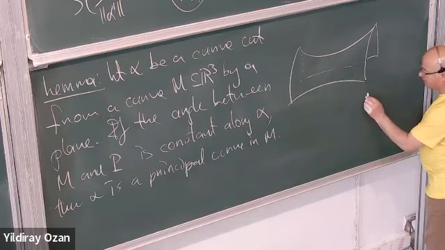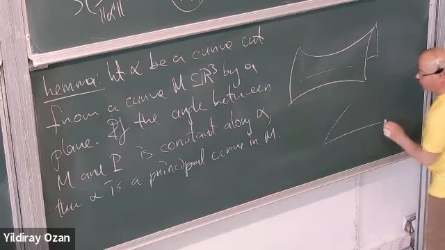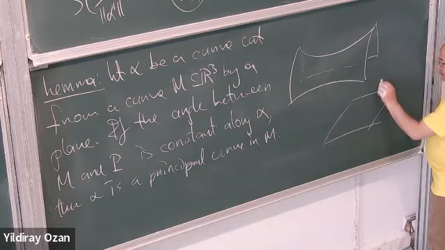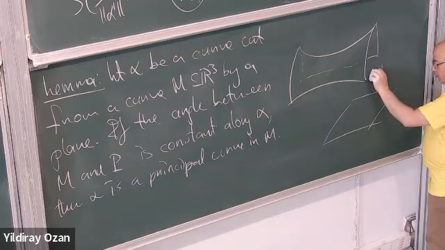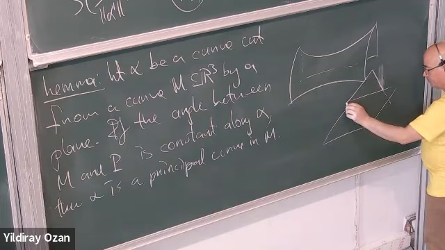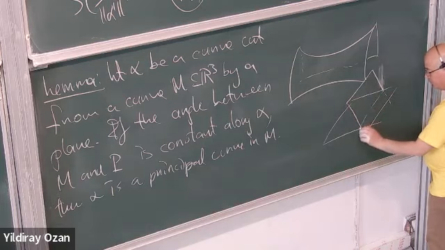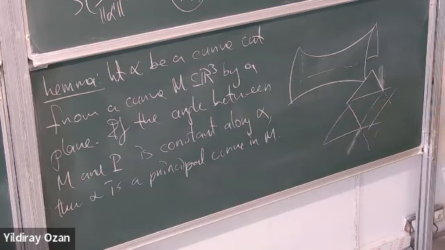For two planes, if you have a plane like this, and let's say another plane, how can you measure the angle between them?